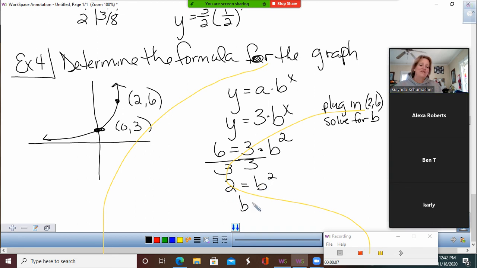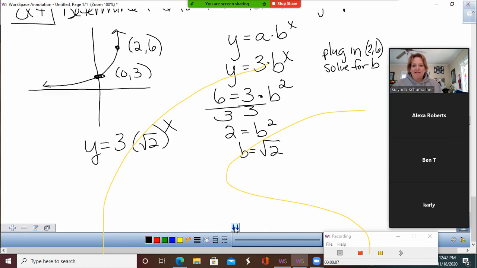Yeah, so our b just equals the square root of 2. Then you go back up here and plug it in. So our final answer would be y equals 3 times the square root of 2 to the x. Doesn't seem too bad, right? Good. This works on your algebra a little bit, getting how plugging it in and moving these around.